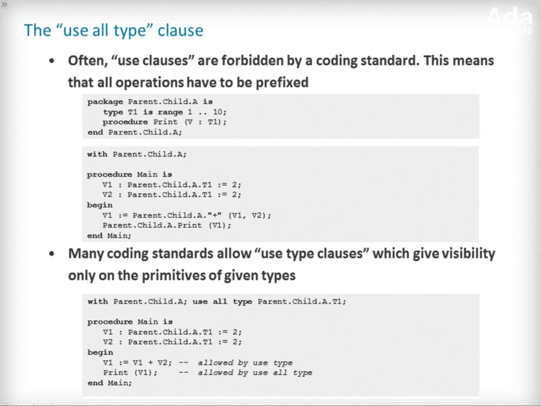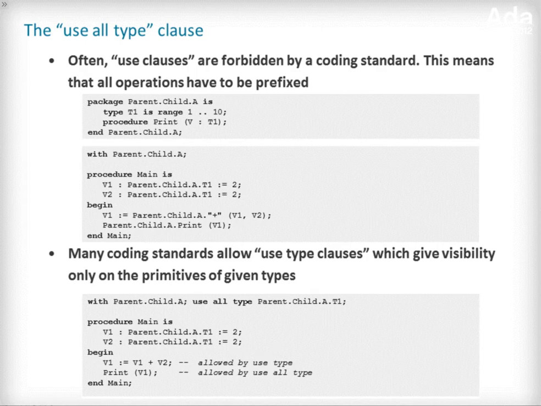Often it is the case that use clauses are banned by coding standards in an attempt to increase readability. Without these, the fully qualified operation name, including the package prefix, must be used, again resulting in unmaintainable code and in fact reduced readability.